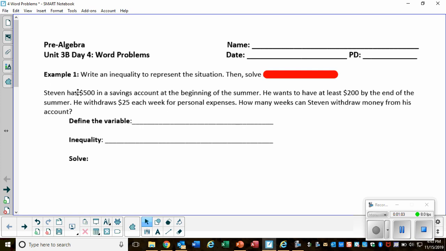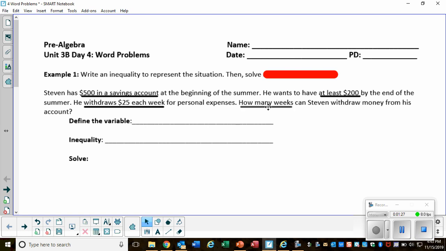So let's just underline important things. Stephen has $500 in his savings account. Okay? That is how much he is starting with at the beginning of the summer. He wants to have at least $200 by the end of summer. And he withdraws $25 each week.